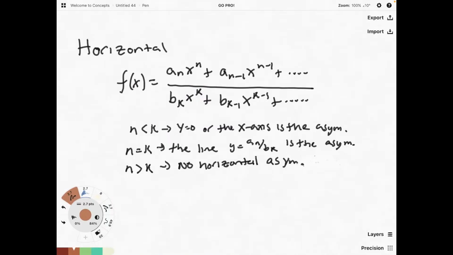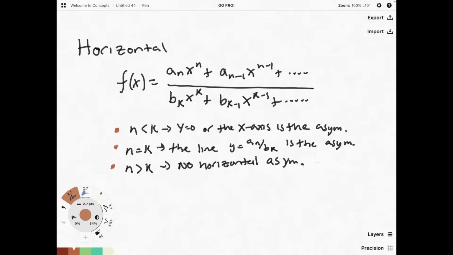All right, for horizontal asymptotes, if you're looking at the function, let's say f of x equals g of x over h of x, and g of x follows a_n x to the n plus and so on, so a typical polynomial that we've seen divided by another polynomial, then we can use 3 rules to help us identify the horizontal asymptote.